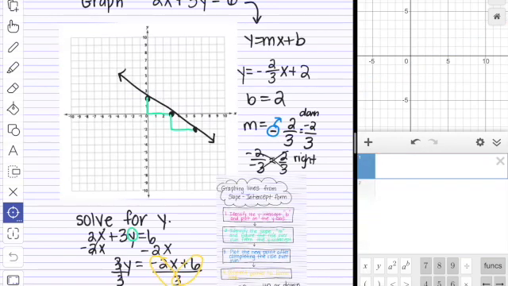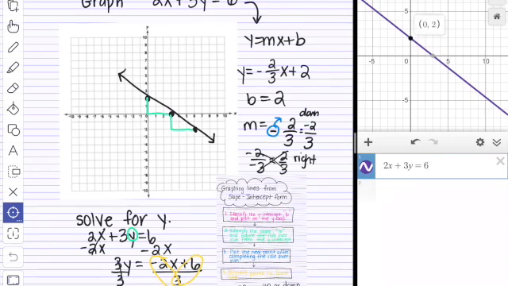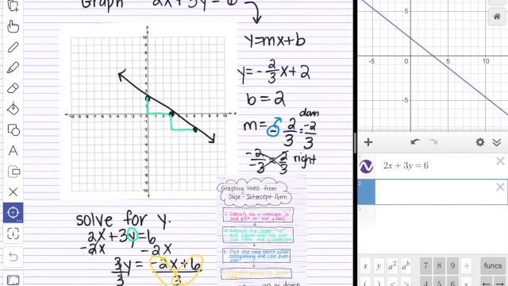All right, the other problem that we had, now I'm going to do this both ways. I'm going to put it in standard form. And I can actually see my graph here. I can see that my y-intercept is at 2, and I can see that I have that value at 3, 0. I can also graph the one that I solved for, y equals negative 2 over 3 x plus 2.